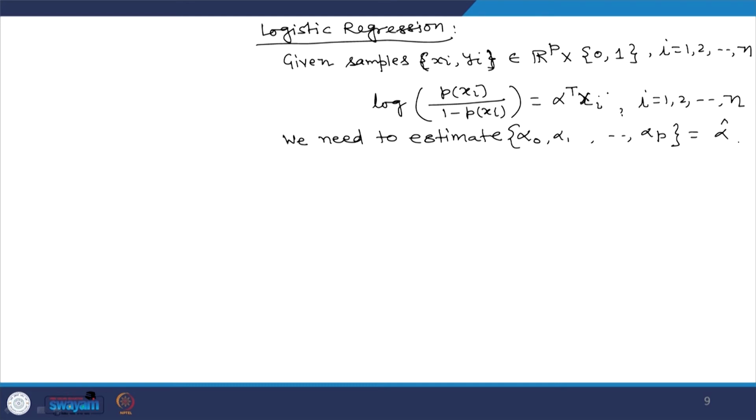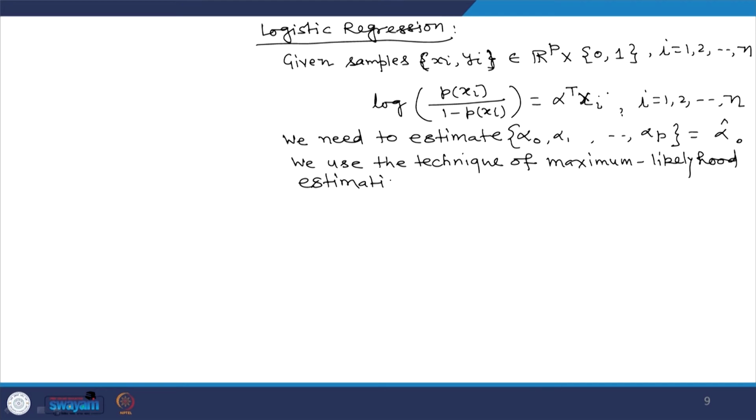So, here we need to estimate these and we use the technique of maximum likelihood estimation for it. So, what will I do?